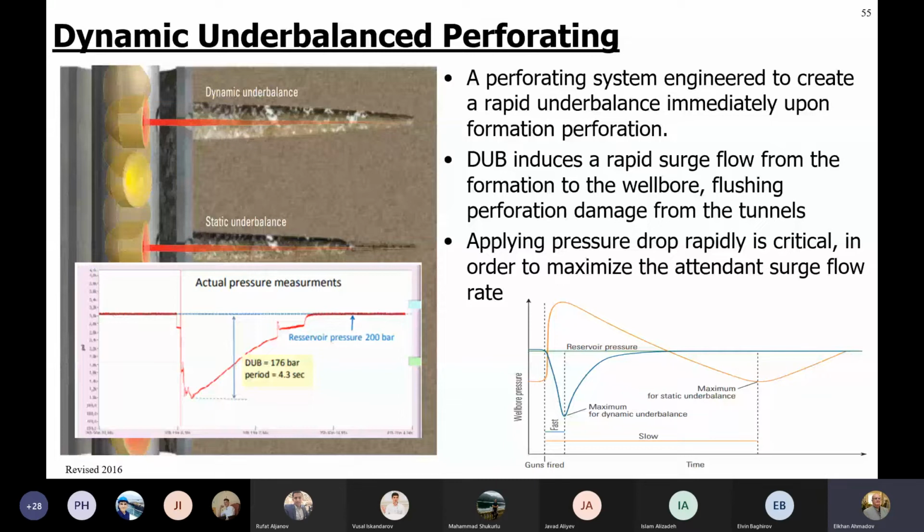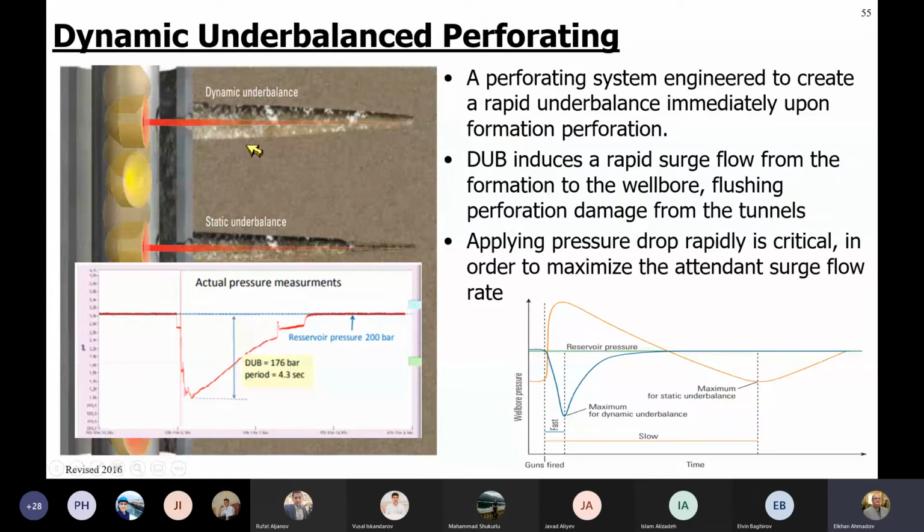Okay, and due to this very high pressure drawdown, the velocity of the fluid going through the perforation tunnel into the wellbore from the reservoir is very high, and that cleans even more of the crushed area, because when we shoot the well, we get crushed zones around the perforation tunnel.